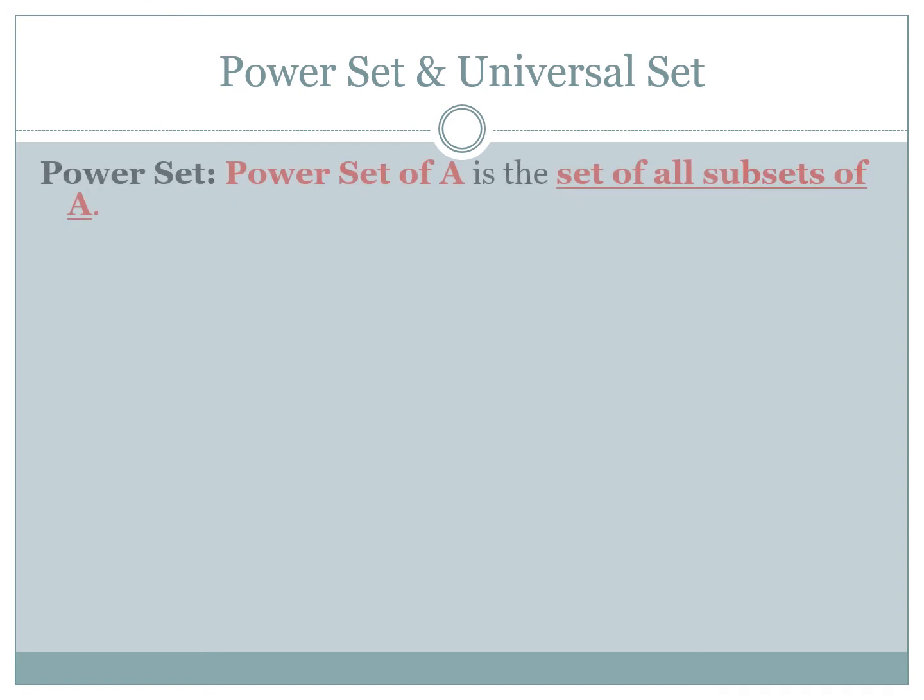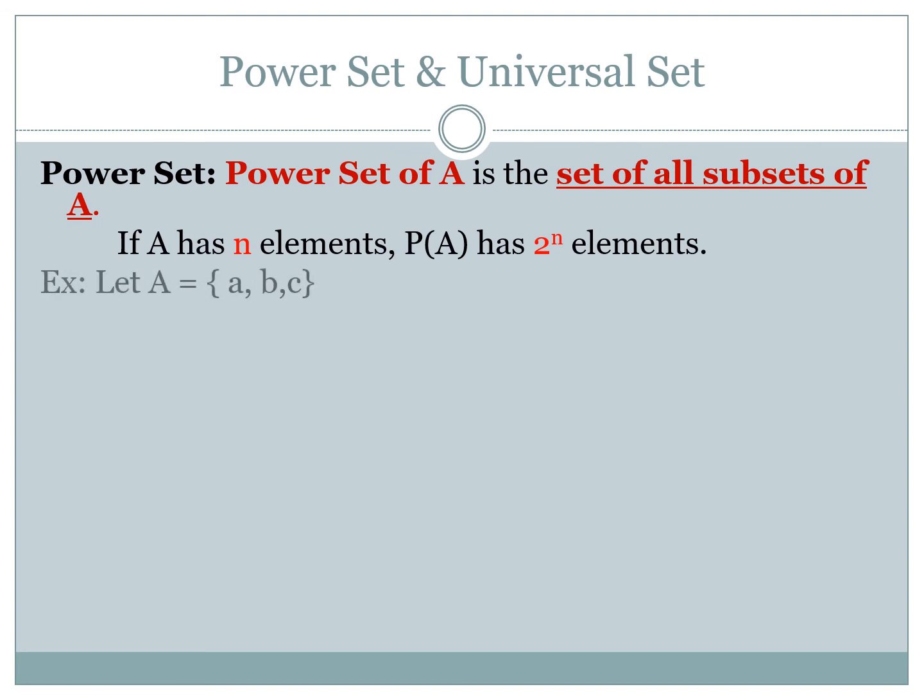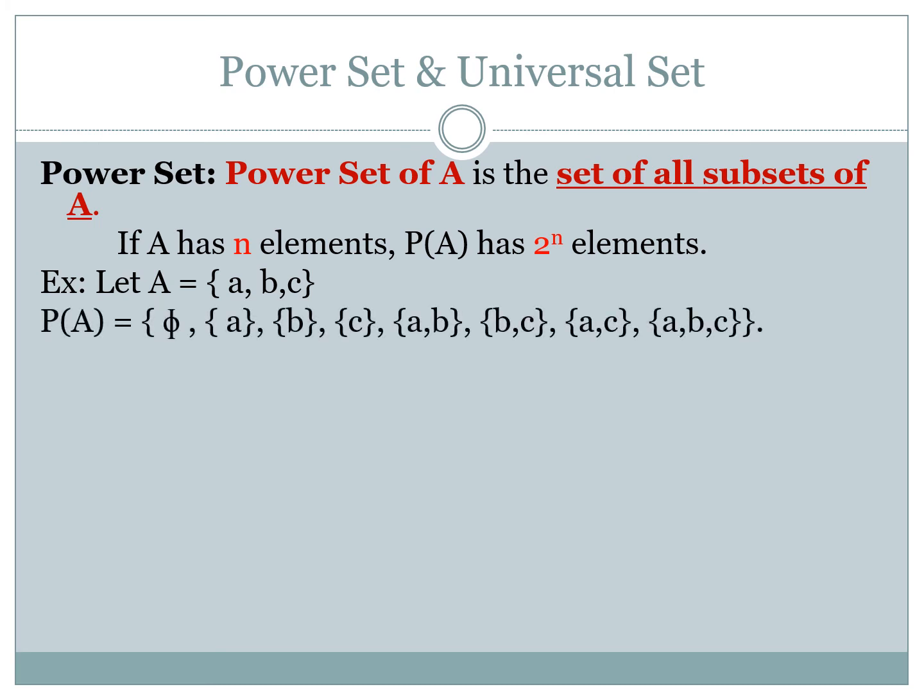Next is power set and universal set. The set of all subsets of A is called the power set of A. For example, let us consider the set A equal to set A, B, C. When we consider the power set of A, we have to write down all the subsets of the set A. We have already seen that null set is a subset of every set, and every set is a subset of itself.